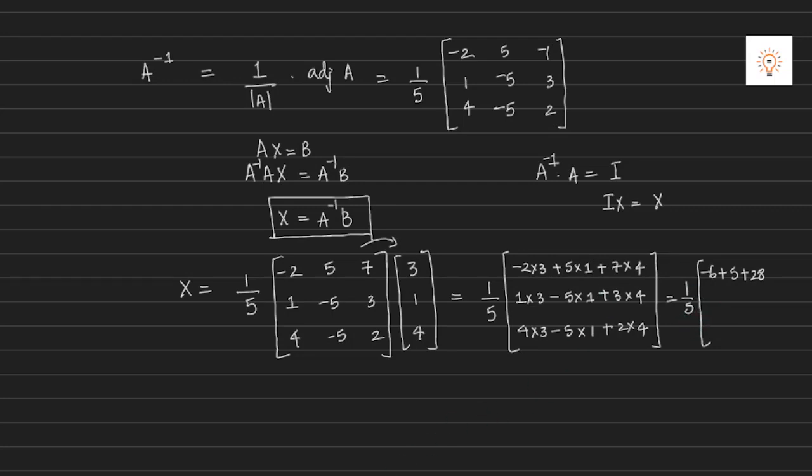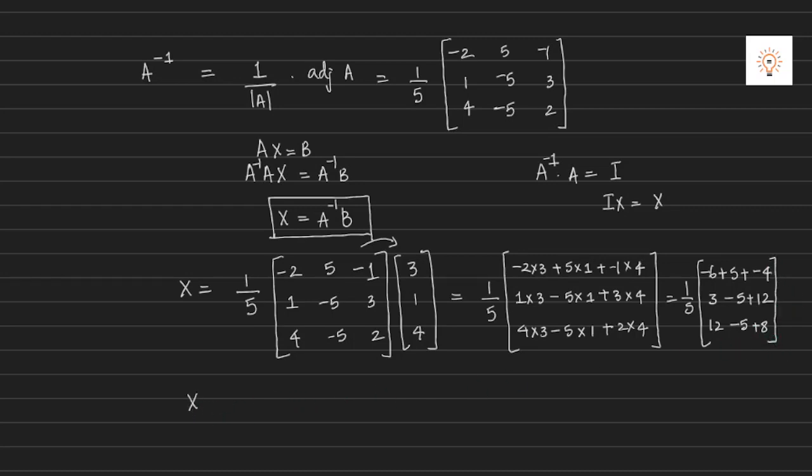Beg your pardon, here the value was not 7, it was -1, so it should have been -1 there. So I'll get the value as -4. And here the same thing, 3 minus 5 plus 12, 12 minus 5 plus 8.